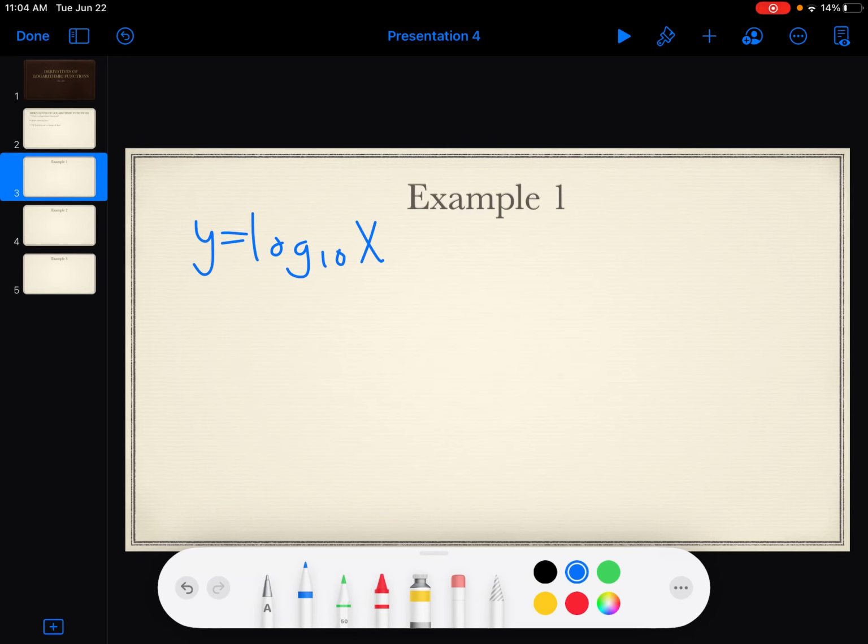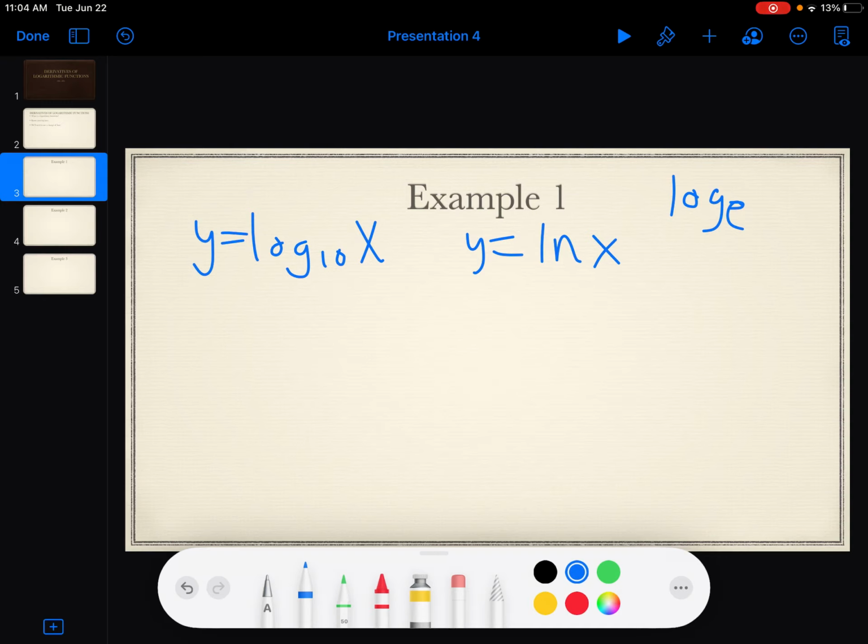Recall on the last slide I mentioned ln x. We know the derivative of ln x, and let me just explain again. ln is just log base e, and e is roughly 2.71. Well, what we can do is use our change of base log law.